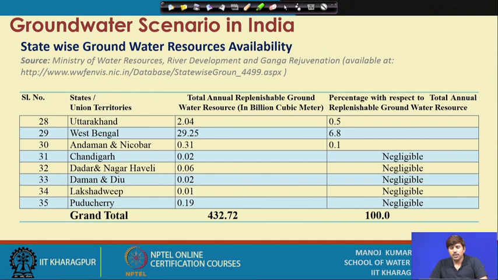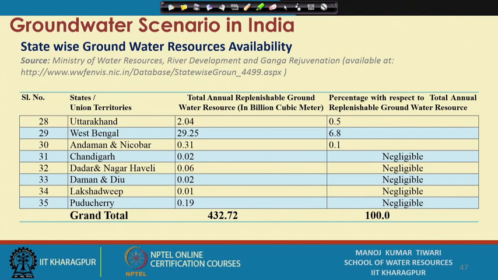West Bengal also has a fairly good amount of groundwater available in comparison, of course. Although we are talking about groundwater resources here, leaving the states which are on the hilltops, of course, there will not be much replenishable groundwater available, because most of the rainwater converts to runoff.